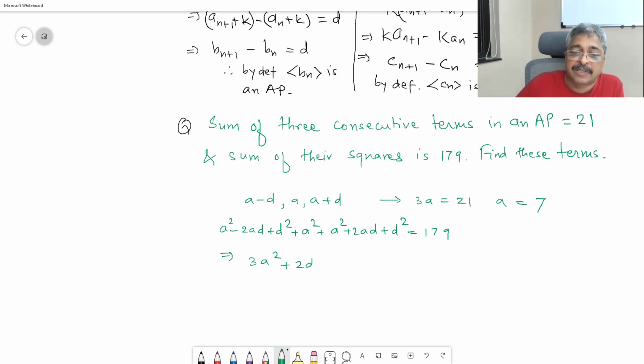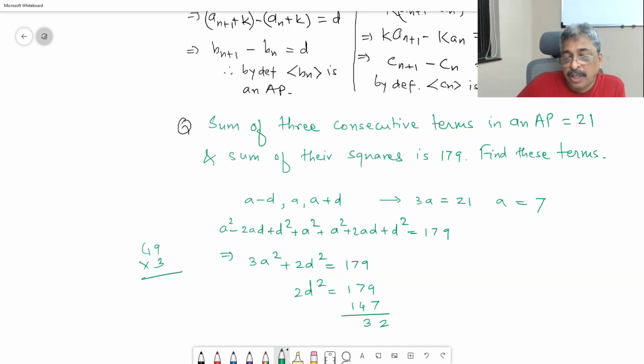Plus 2d squares is equal to 179, out of which a is known to me. 49 into 3, 147. So 2d squared is equal to 179 minus 147, which is equal to 32, and therefore d squared is equal to 16.